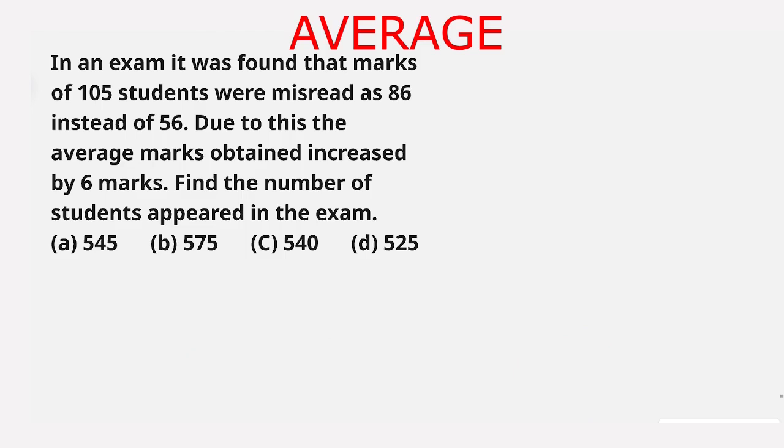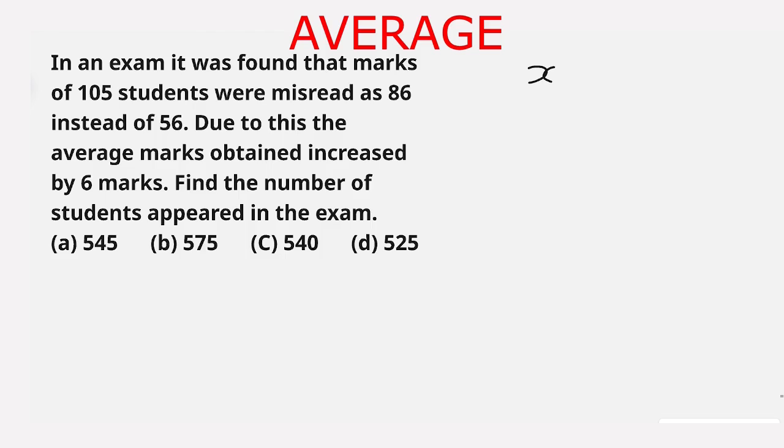Let the number of students who appeared in the exam be x. Now the average increases by 6 marks because of misreading the numbers.